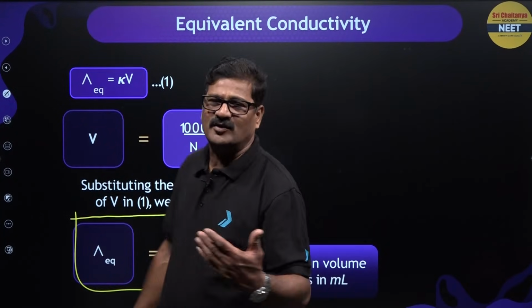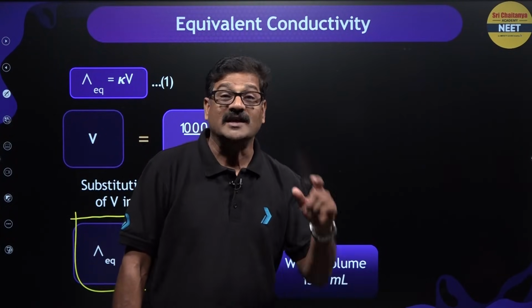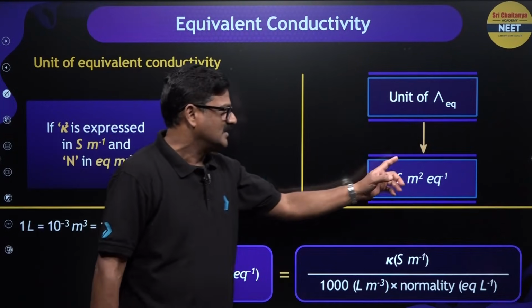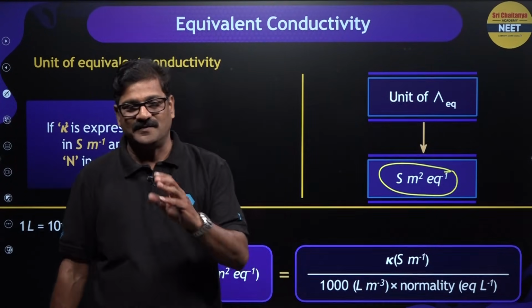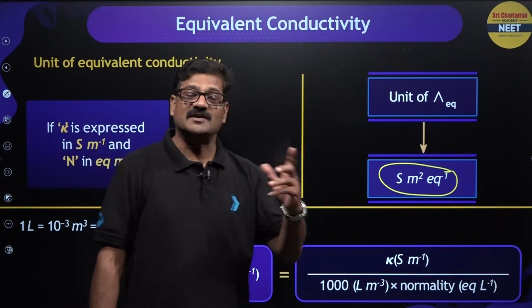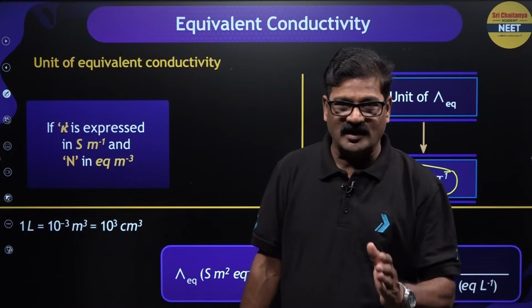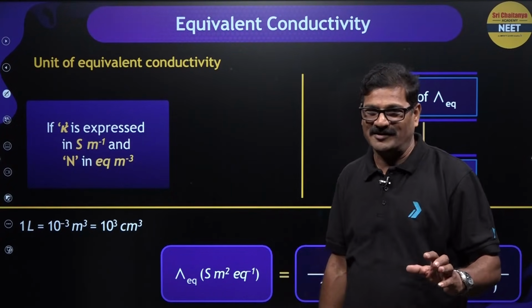Siemens centimeter square equivalent inverse is the same dimension. Siemens meter square equivalent inverse is the SI unit, and in experiments, Siemens centimeter square equivalent inverse. When you take molarity, it is molar conductance; when you take normality, that is equivalent conductance.